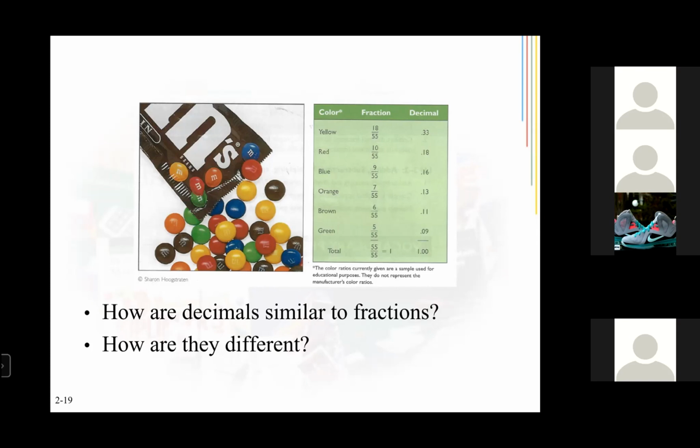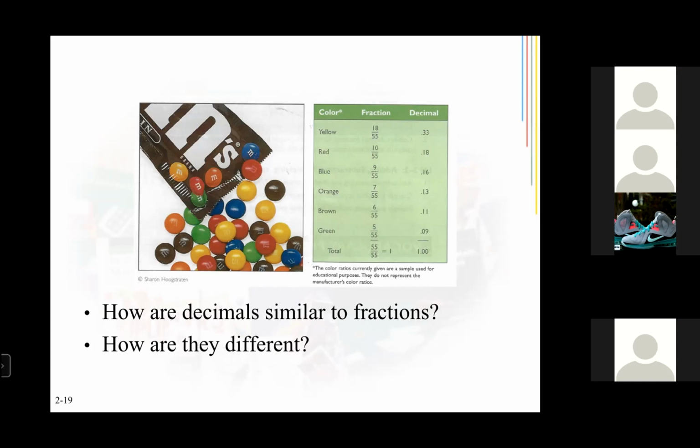What do you divide? The numerator, the amount of yellow, by the whole bag. So you're dividing the numerator by the denominator. Okay, and so that's how they converted the fraction to a decimal.